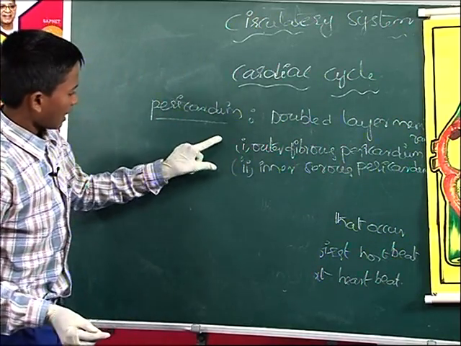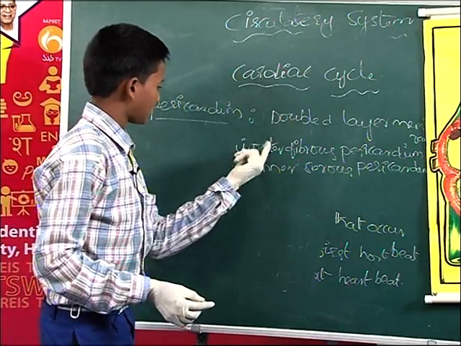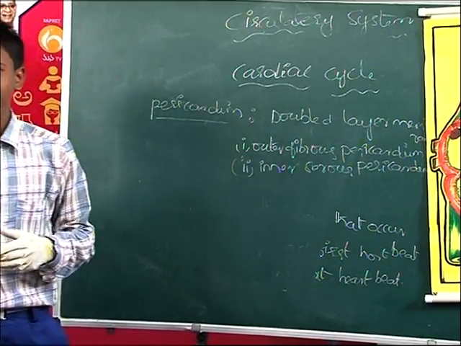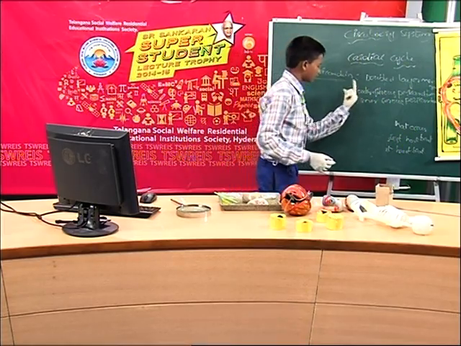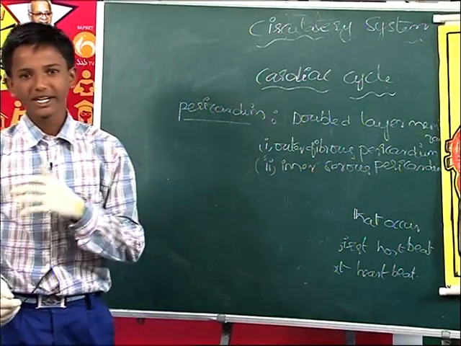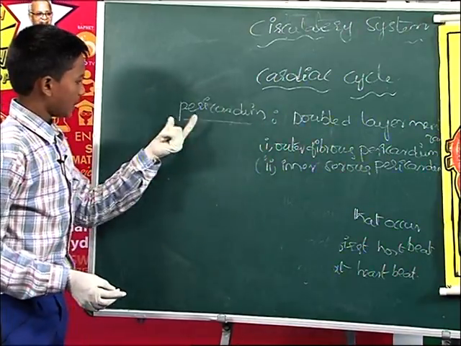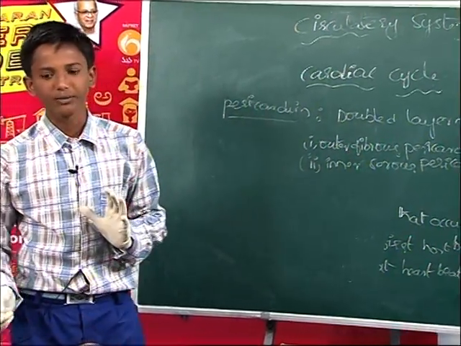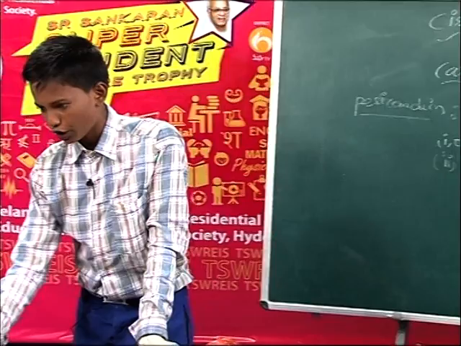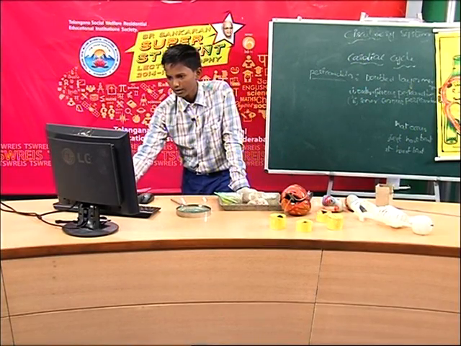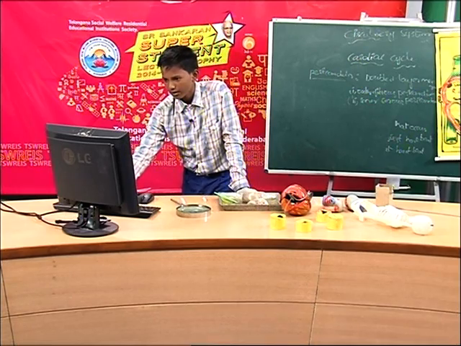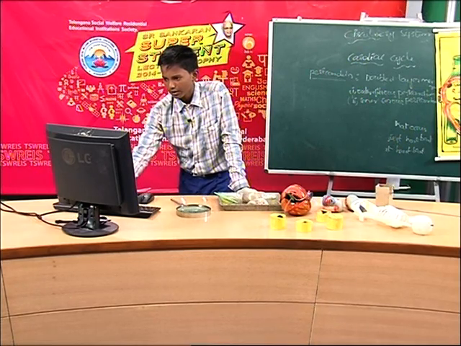Between these two membranes a fluid is present, that is pericardial fluid, and the space between these two membranes we call the pericardial space. This pericardium protects the heart from blows. I will show you the pericardium.